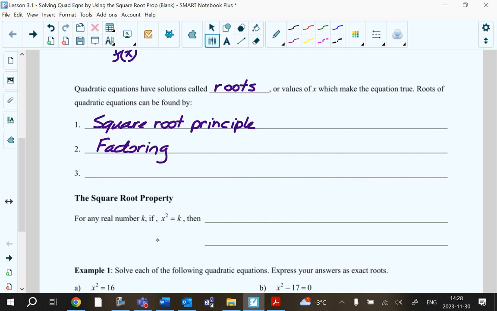And there's even some that we can't solve by factoring, which means we're going to learn a certain formula that will help us solve, called the quadratic formula. And actually here, I've called it the square root property, so I should be consistent here. Principle or property means the same thing.